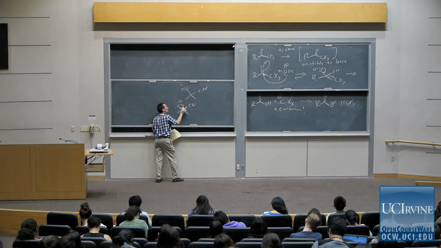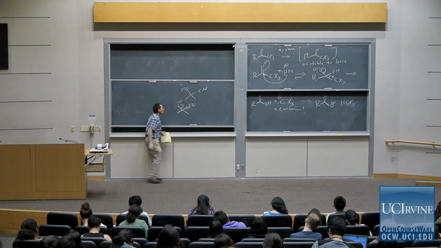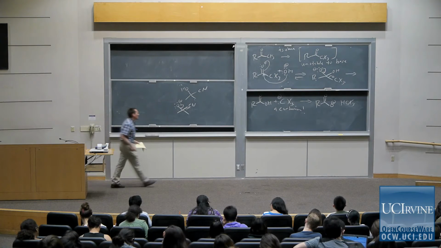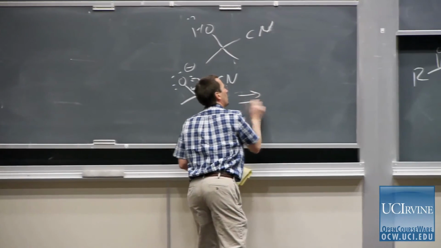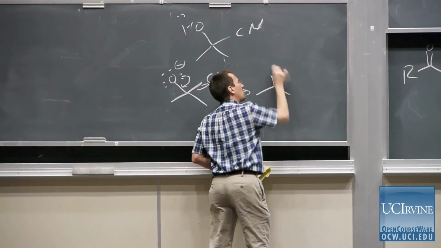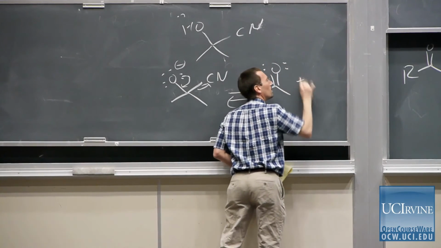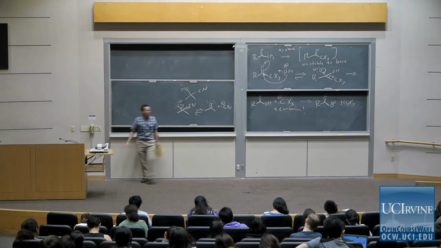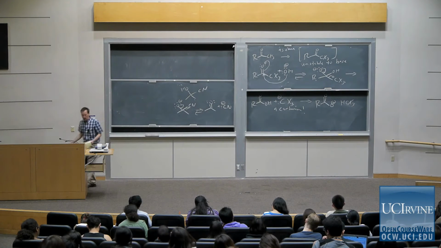We encountered it on a quiz. We became comfortable with the idea of kicking out cyanide anion and getting a carbonyl back. And again, I'm just drawing in the relevant lone pairs of electrons.